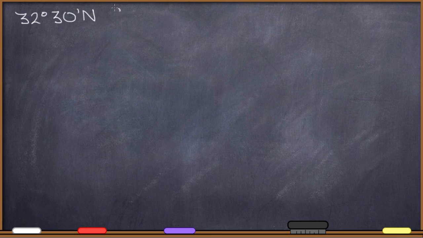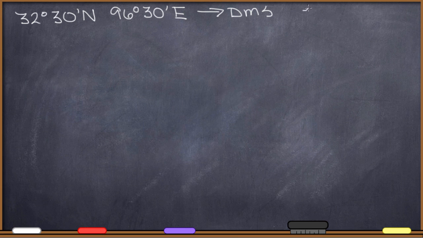And then maybe we're at 96 degrees, 30 minutes east. How can we convert this to DD? So this is certainly in DMS format. It's just that I don't have seconds here. I have degrees, I have minutes, but maybe this is as precise as I need to be, and so I just leave it to minutes. I don't break it down into seconds.